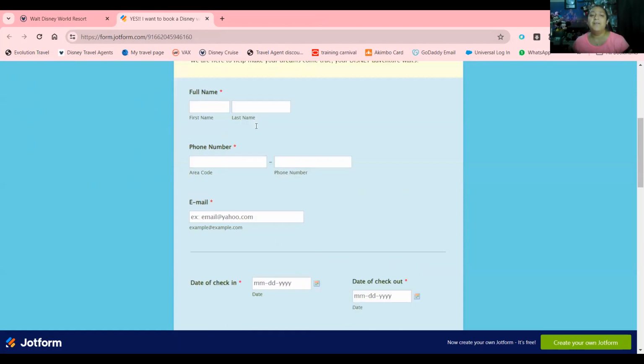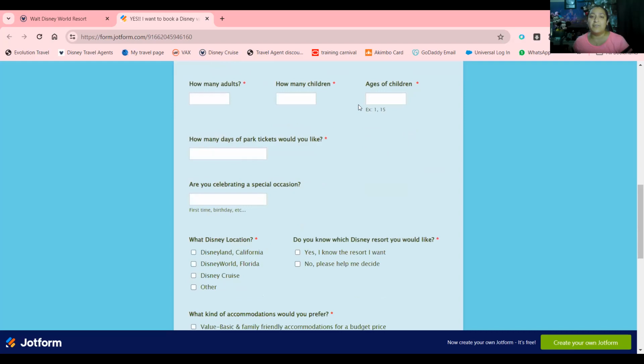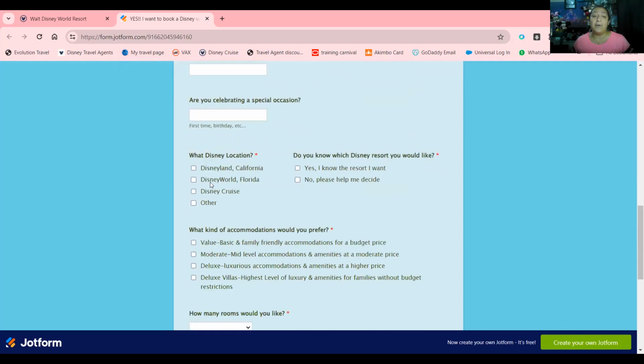Yes. Okay. Of course, we have the general information: first name, phone number, email. We got the check-ins. We got the ages of the children, which was the exact same thing that I asked, right? Now here, I also have this available because it can identify them right off the bat if they're not coming to me directly, right?